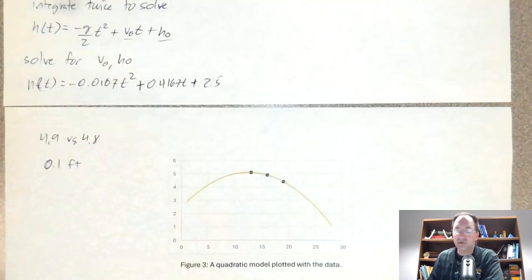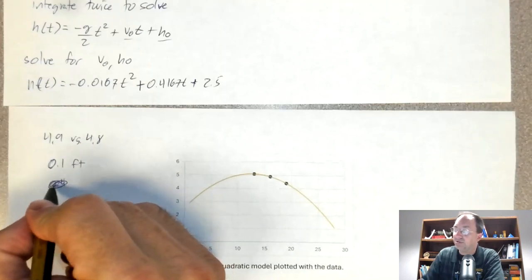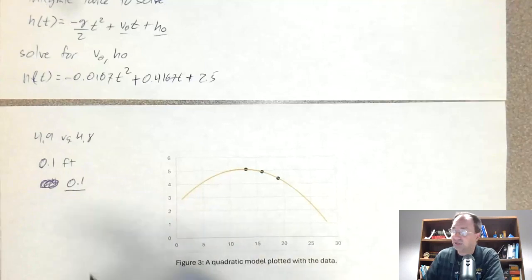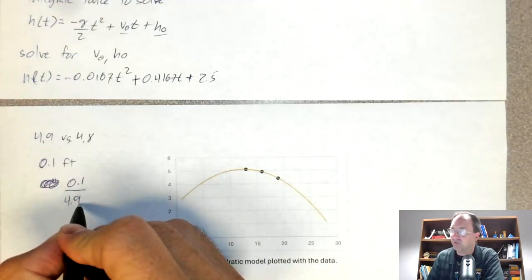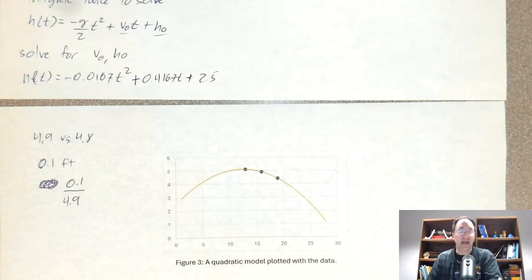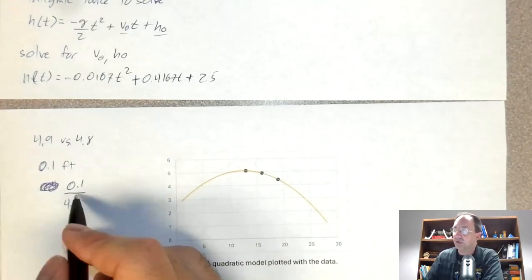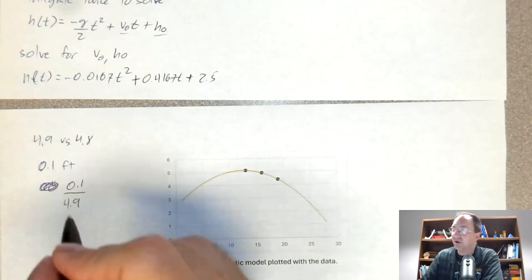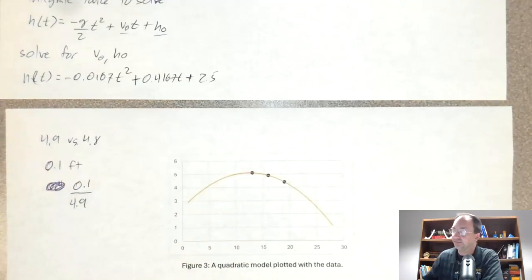And if I wanted to calculate a relative error, I could do 0.1 divided by, again, we don't know what the actual is, but in this case, since we measure the 4.9, we might assume that that's the actual, and our model is predicting 4.8. And so we can say, all right, 0.1 divided by 4.9 is our relative error, and then we could work that out to get a percentage if we wanted to.